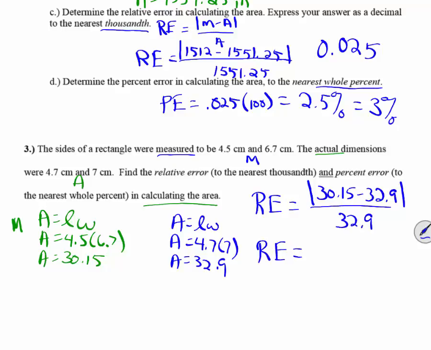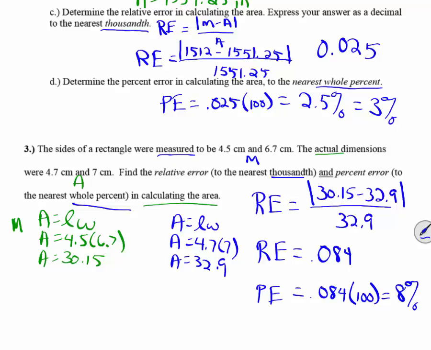So my relative error, again, I'm going to do the top first, and then divide it by the 32.9, and they want it to the nearest thousandth, so 0.084 this time. Percent error, and they want that one to the nearest whole percent. There it is. So we're going to take 0.084, multiply by 100. Rounding it is going to give me 8%.